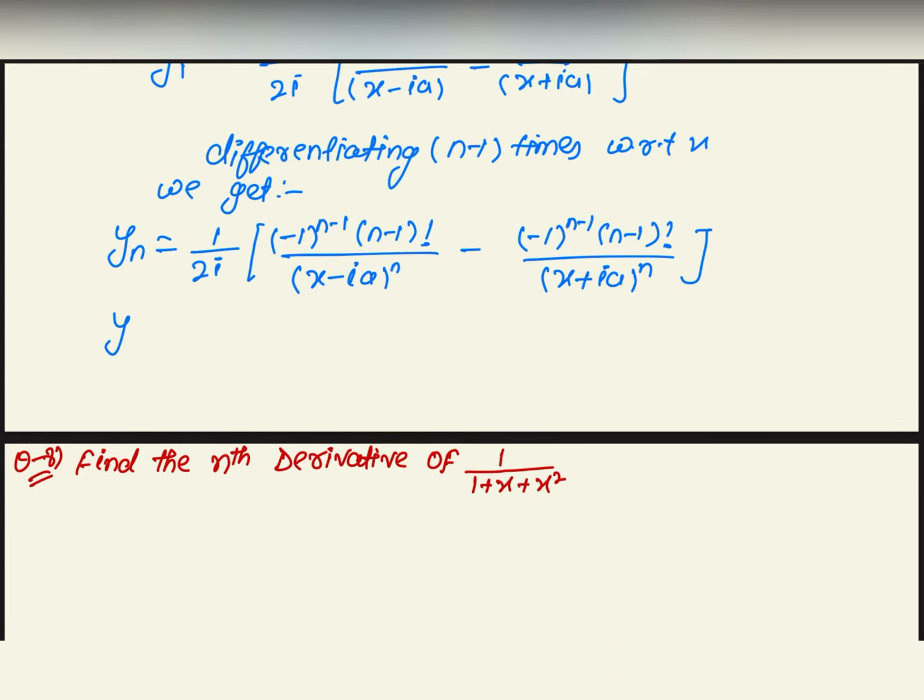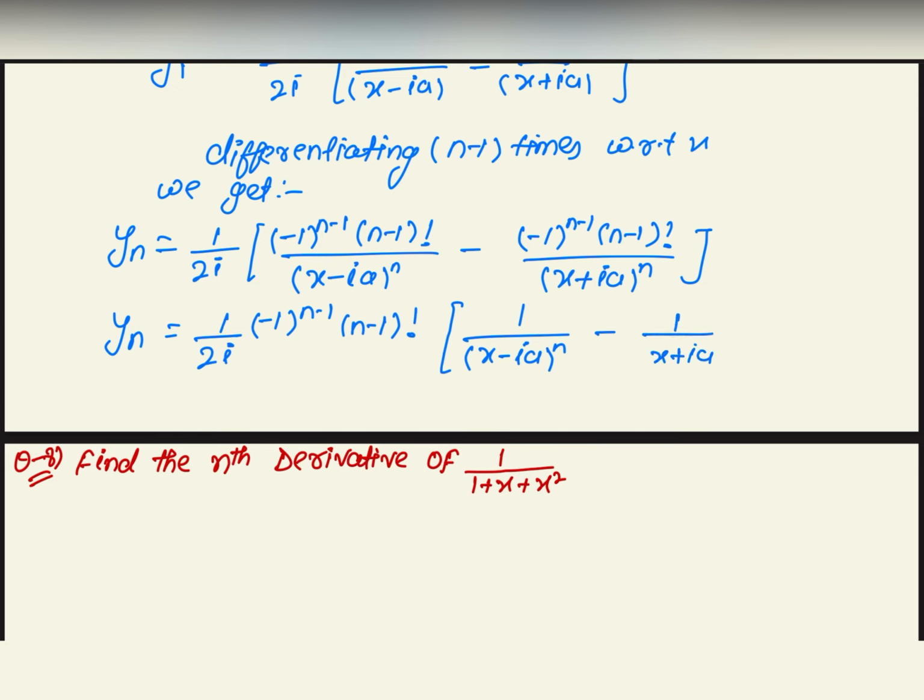So yn is equal to 1 by 2i, minus 1 to the power n minus 1, factorial common, 1 by x minus ia to the power n minus 1 by x plus ia to the power n.